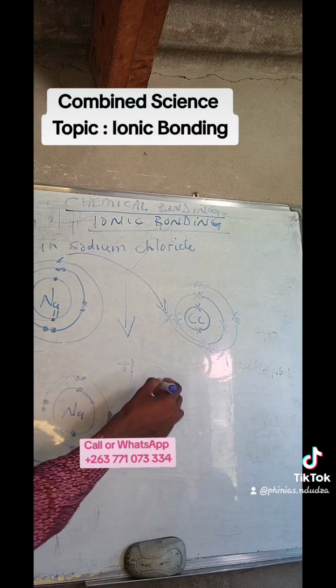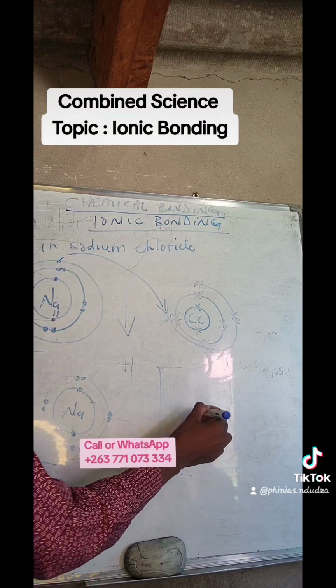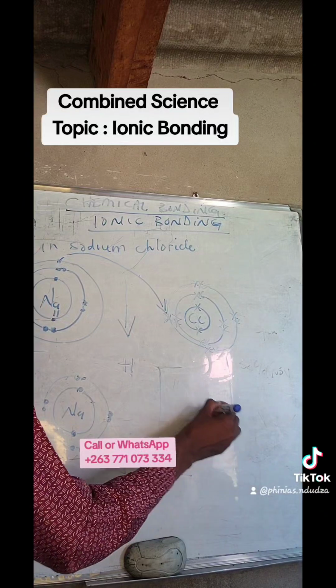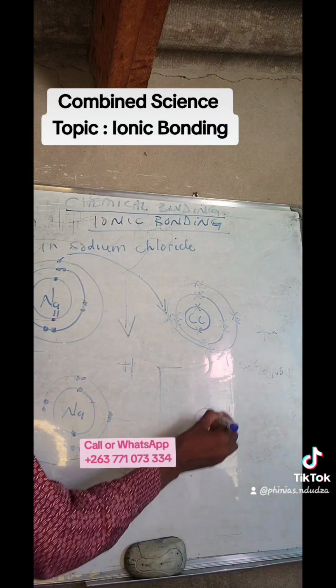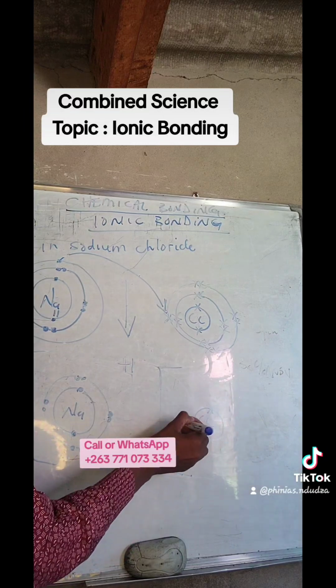Are we together? Then again, chlorine. In the first shell, put 2 electrons. In the second shell, we also put 8 electrons.